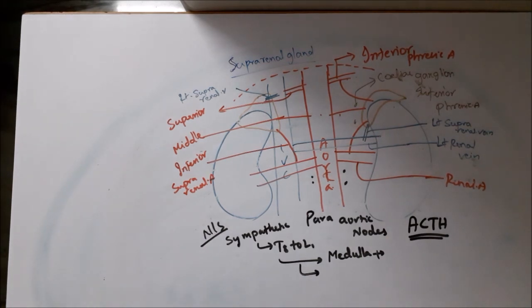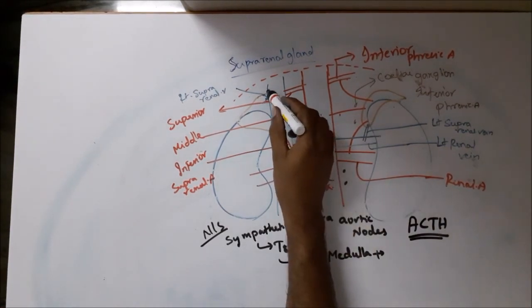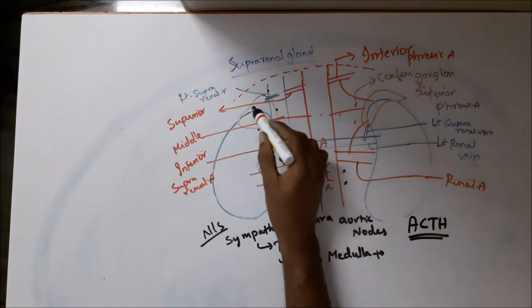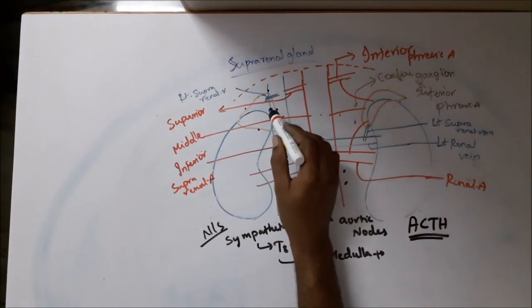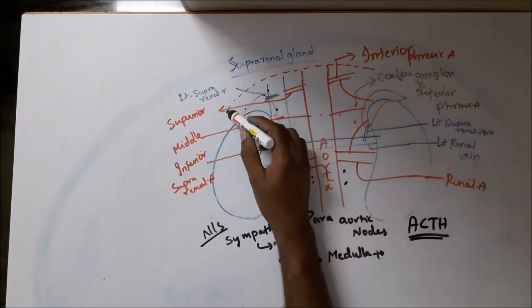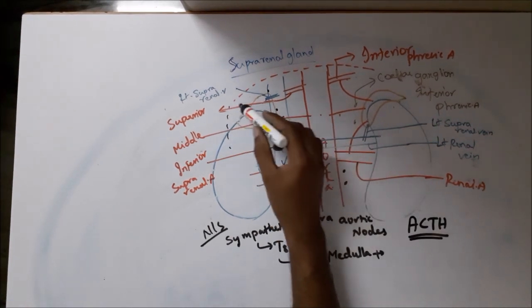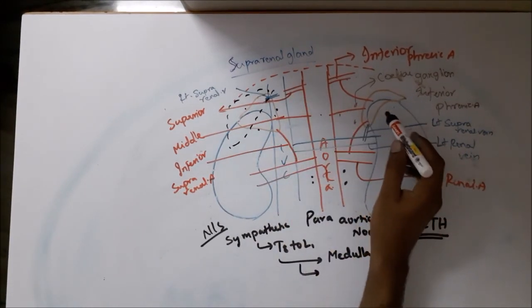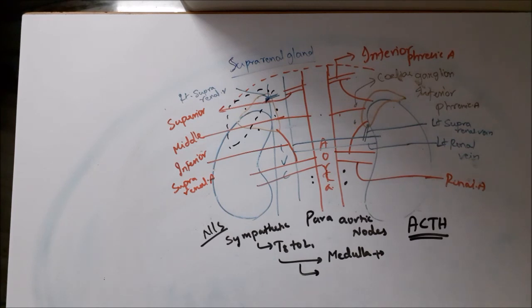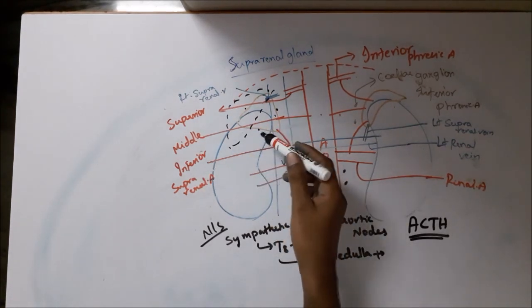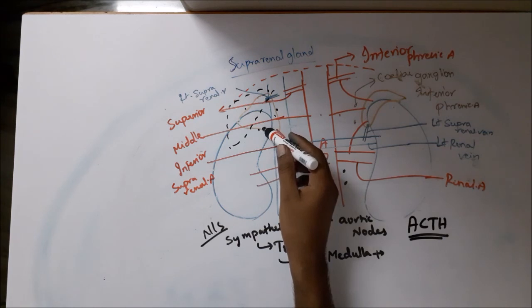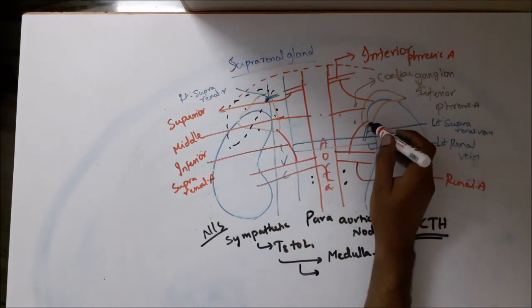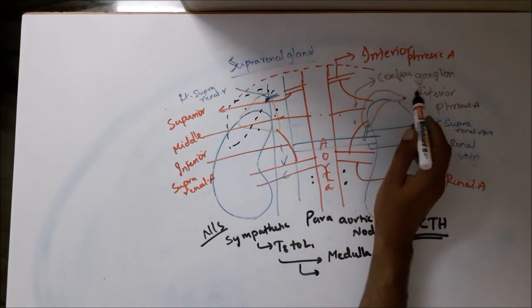Coming to the features, right one is pyramidal, left one is crescentic. Right one has an apex, base, medial border, lateral border, anterior surface. Medially it's related with the kidney and the inferior vena cava, and laterally it's related with the liver. Posteriorly it will be related with the diaphragm and kidney, whereas the left suprarenal gland has a lower end and upper end.